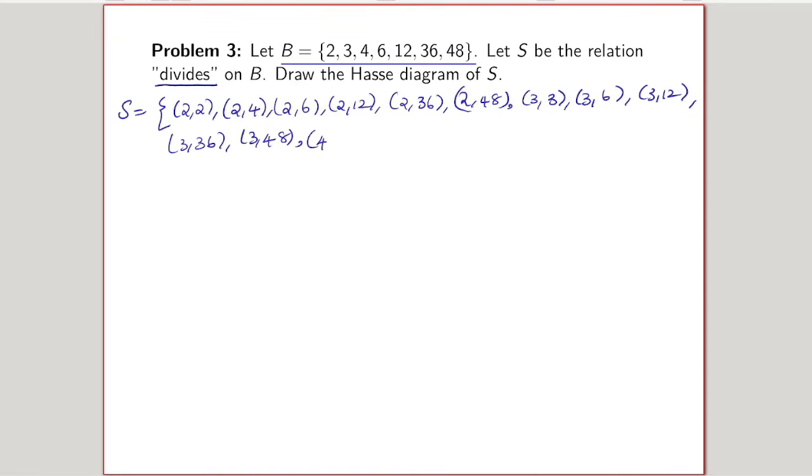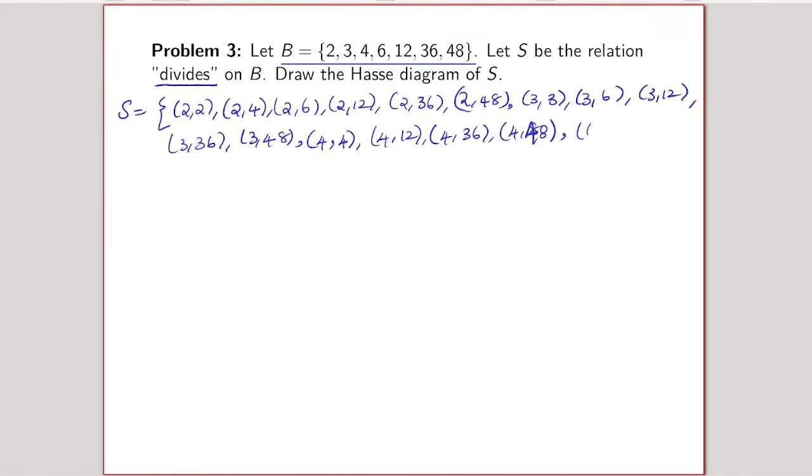Next one, it is (4, 4), and 4 doesn't divide 6, we should not include it. (4, 12), (4, 36) and (4, 48).